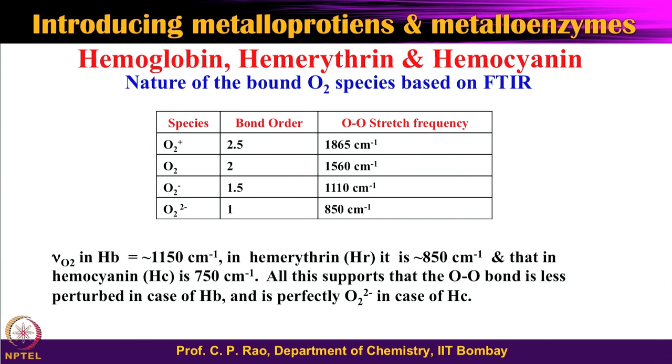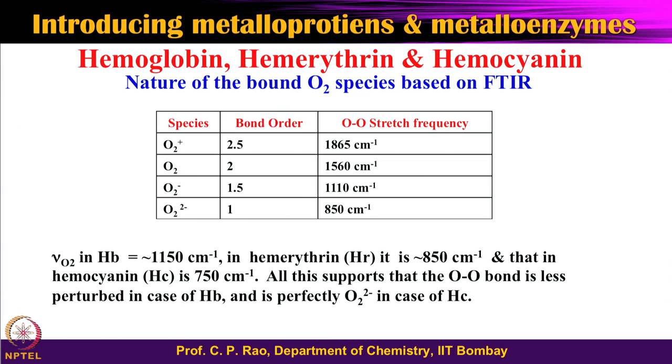Now, let us look at all the cases. If you look at the hemoglobin, you find a stretching vibration around 1200 cm⁻¹, in hemerythrin around 850, and in the hemocyanin 750. O2 has a bond order of 2 and gives a vibration in the 1500 range. Remove 1 electron and it becomes O2 plus, and the bond order should increase.